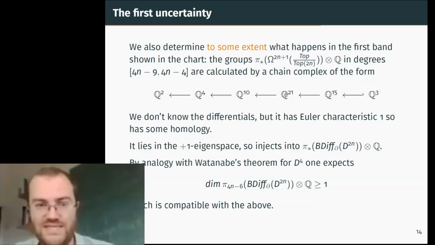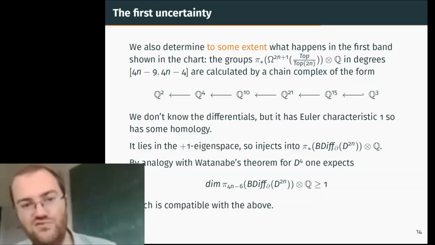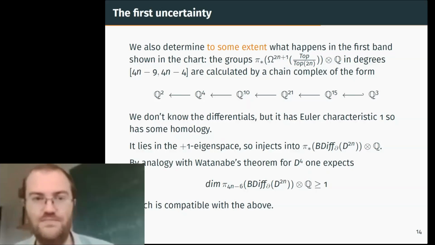And 4n minus 6 exactly corresponds to this position, the q to the 21. That is indeed consistent with the homology of this chain complex being exactly one-dimensional, being q in this degree. That could happen. You can invent differentials that make that happen. And my guess is that that is what does happen. But with the technology that we're using, we can't really control these differentials, and so we can't really proceed past this point.